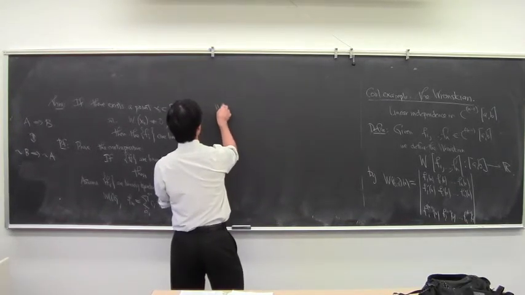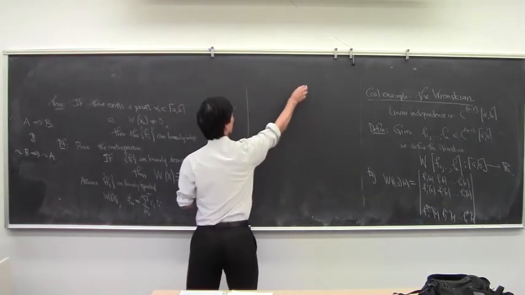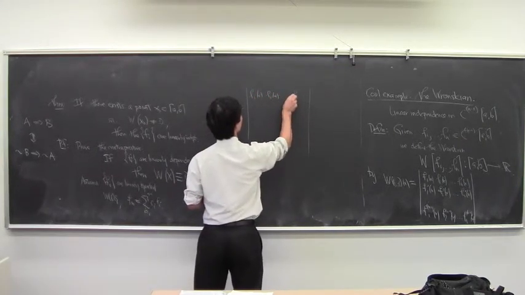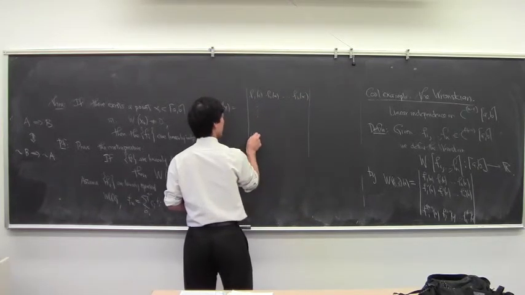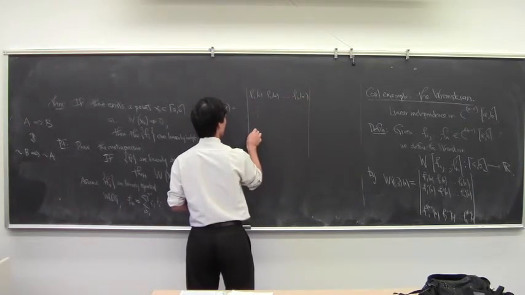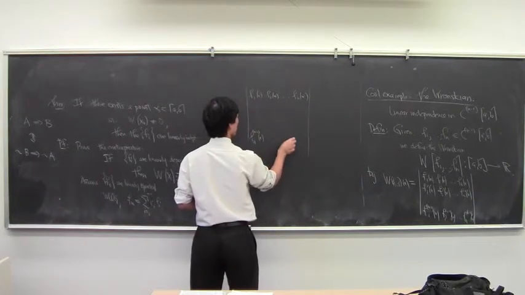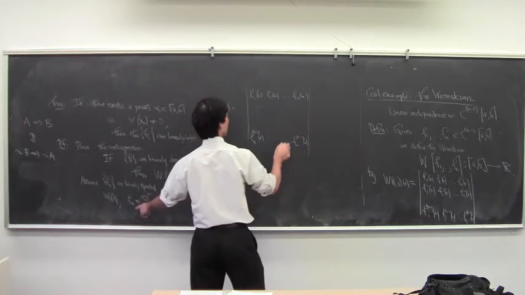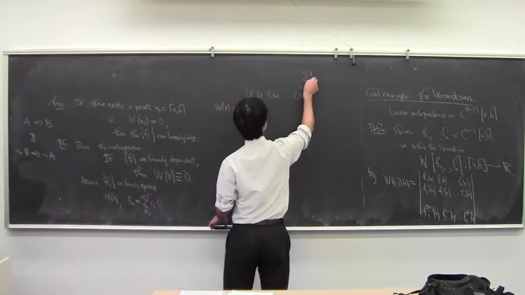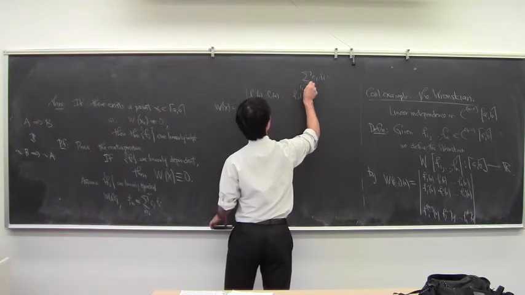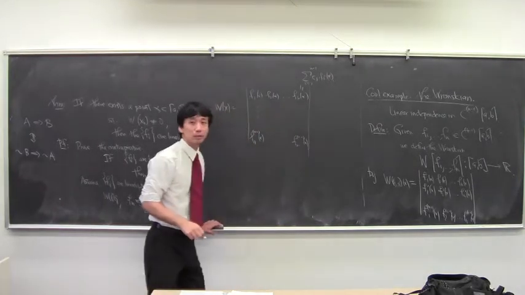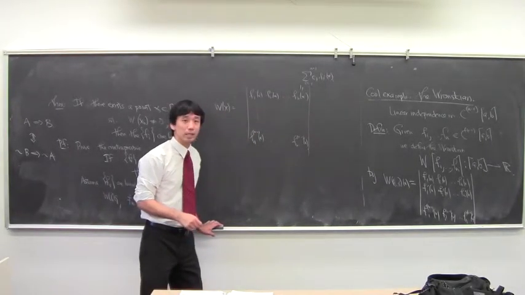The Wronskian is going to be the determinant of this thing, F1 and F2, up to Fn, where Fn is the summation of Ci Fi, i equals 1 to n minus 1. Right? So why does this determinant equal 0?